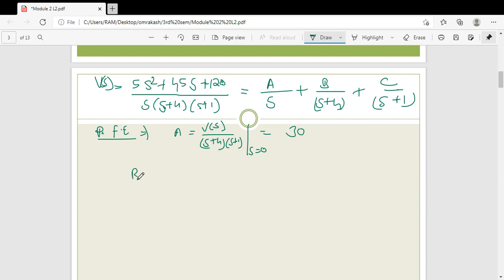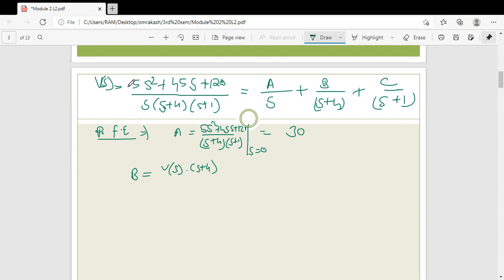Now how to find out this B value? You can also say that V of S is multiplied with S plus 4. Here I have directly written it, but here V of S is 5S square plus 45S plus 120, right?